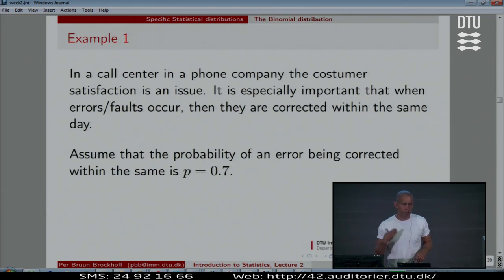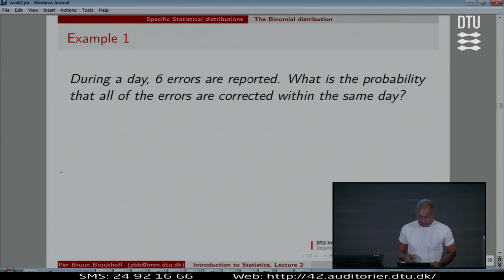That's maybe a bit far off, but at least that's how the numbers are given to us. In 70% of individual cases, it will be corrected within the same day. Then you could start throwing up different scenarios for the future, trying to learn from that and find out whether you want to change some things in your company.